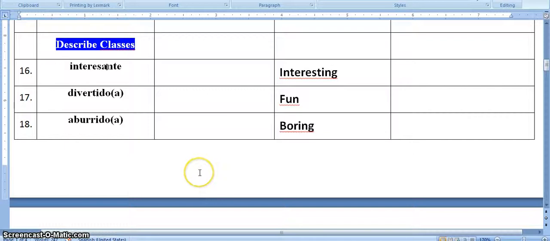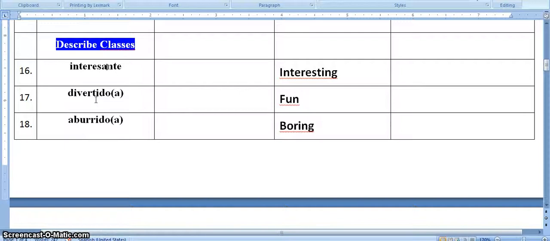Now, the next set of words are describing the classes. Okay, so número 16 is interesante. Look at that, it ends with an E, or it ends with an A. Interesante. So interesante means interesting. Okay? Now, when you're talking about classes, it's la clase.